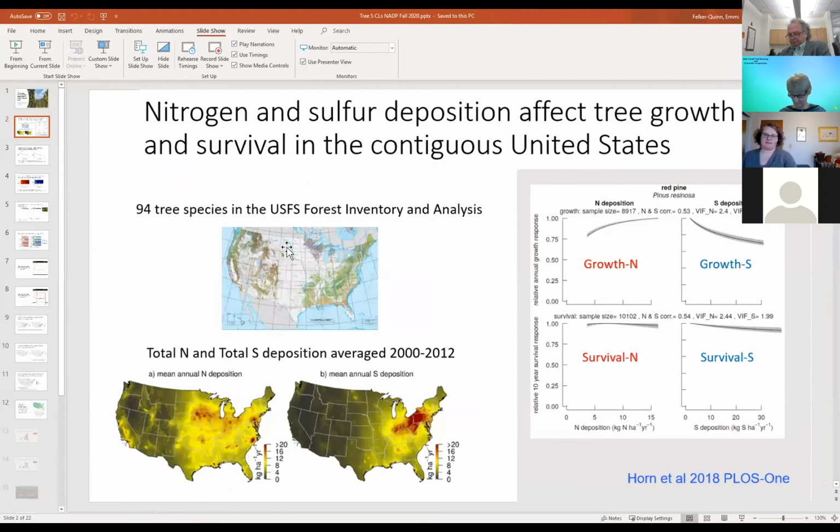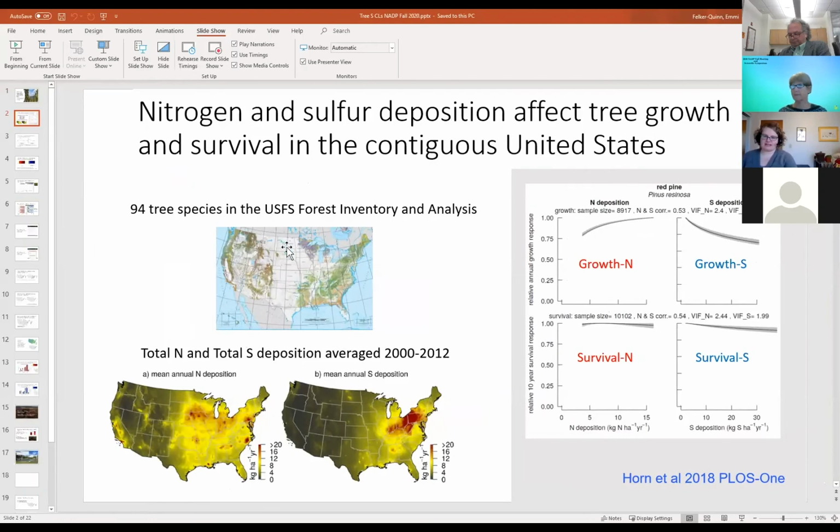So today I'm going to start by just stepping back and telling you about the data set I'm using. Some of you know it as the Horn critical loads.